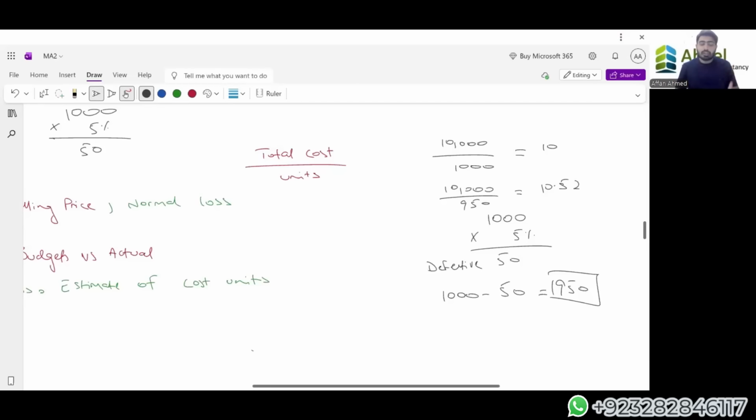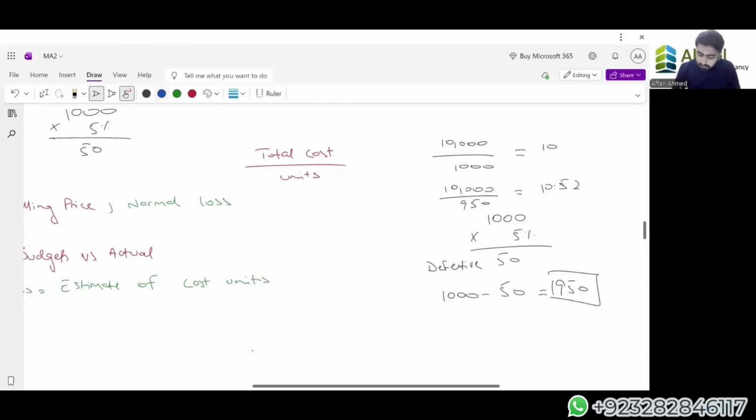Now there is one more variation here. The variation says that the goods that were damaged, can they be sold in the open market for any scrap value? That is a good question. Scrap value is the value received for defective goods, the wastage value or salvage value, normally lower than the normal price but present so that we can recover some amount from the loss that we have had.